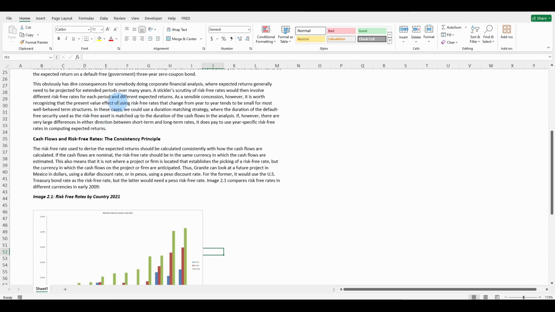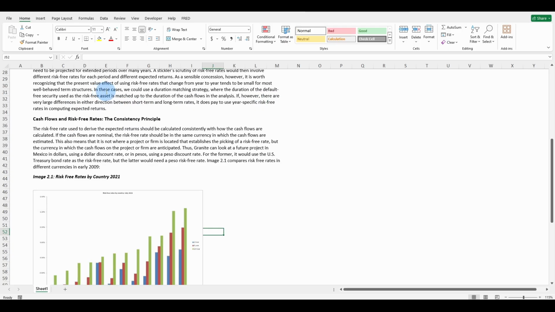A stickler's scrutiny of risk-free rates would then involve different risk-free rates for each period and different expected returns. As a sensible concession, however, it is worth recognizing that the present value effect of using risk-free rates that change from year to year tends to be small for most well-behaved term structures.